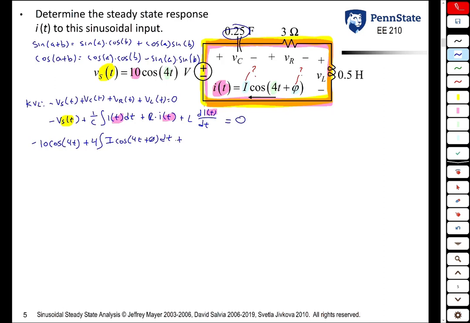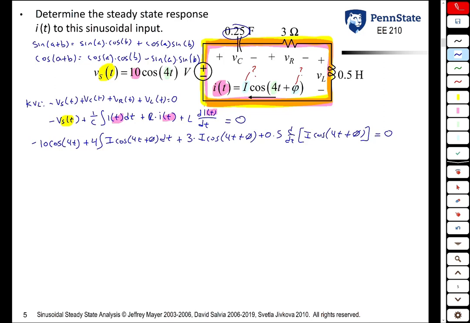R times I of t is going to be 3 times I cosine of 4t plus phi. Plus L dIL/dt, L is 0.5 henry, times the derivative of I cosine 4t plus phi. And once again, all of that is going to equal 0.